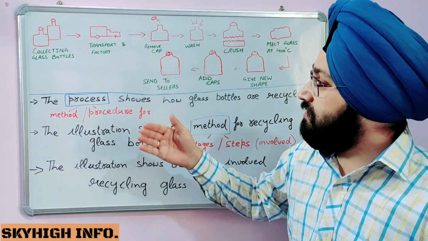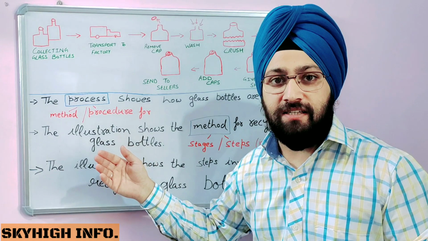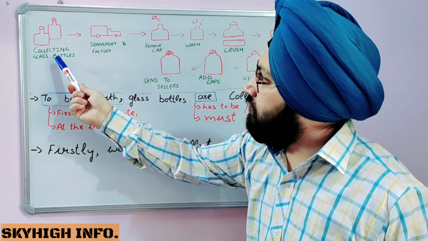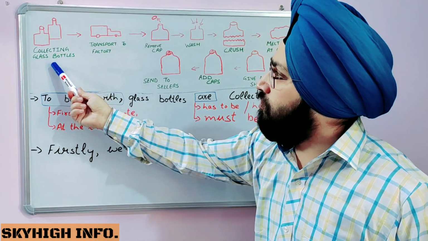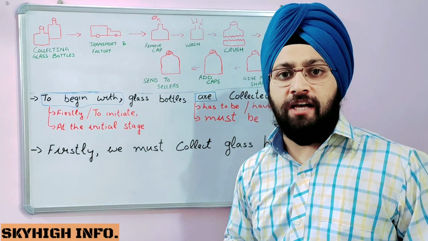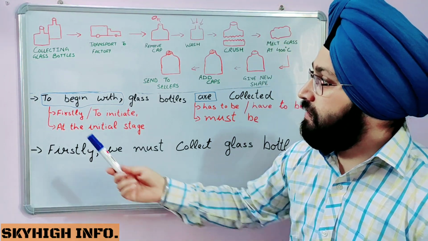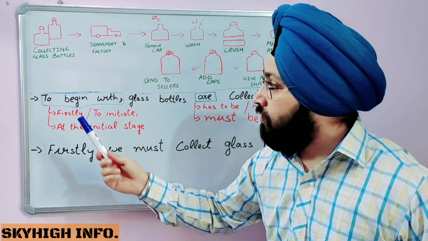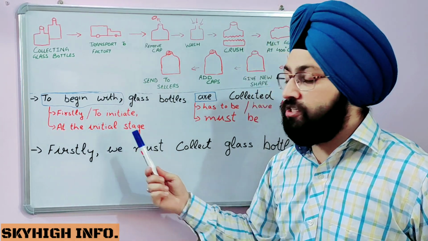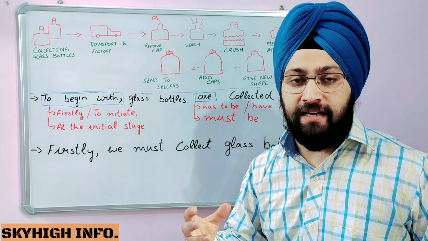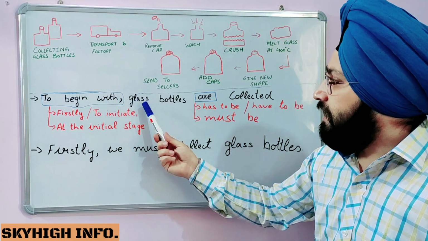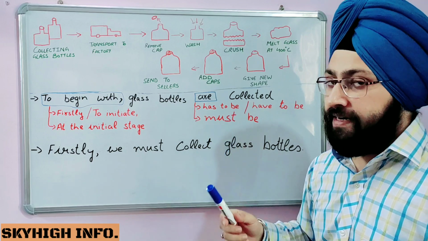In the next, what are you going to write? See, as we can see from the diagram, the first step is collection of glass bottles. So the starting is collecting glass bottles. So we can write to begin with, or firstly, to initiate, at the initial stage, because it is the beginning, it is the first stage. To begin with, glass bottles are collected.